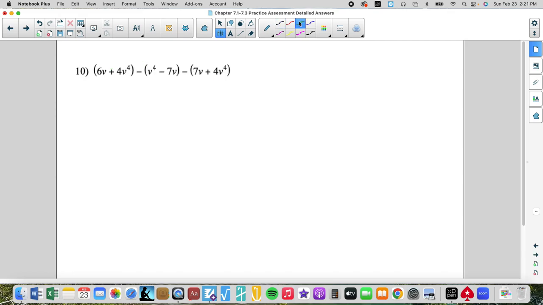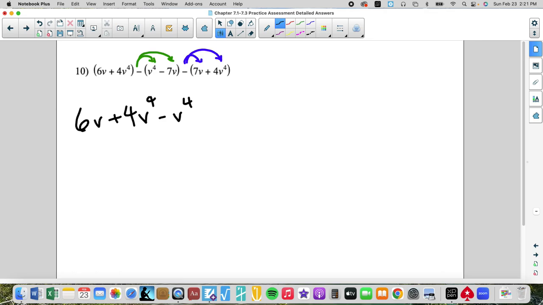All right, so we have to distribute this negative, and it's going to change the signs. So 6v plus 4v to the fourth. That first binomial does not get affected, but this one does.